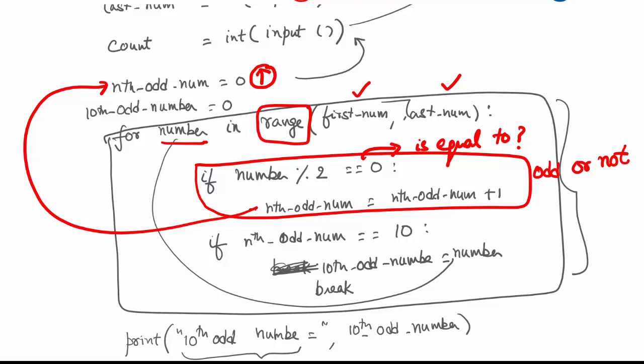And if we found that we have hit the 10th odd number, then break. So this is where we are breaking out of the for loop and going to the next statement after the for loop. All right. So let's code this in Jupyter.